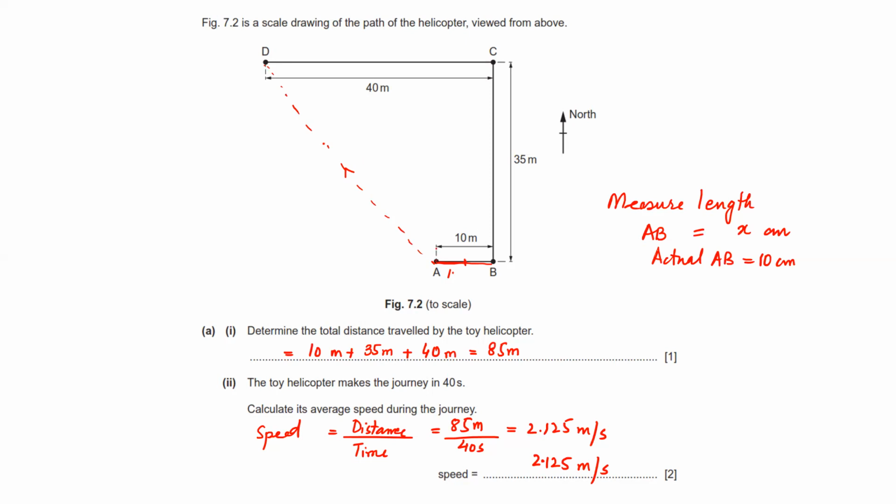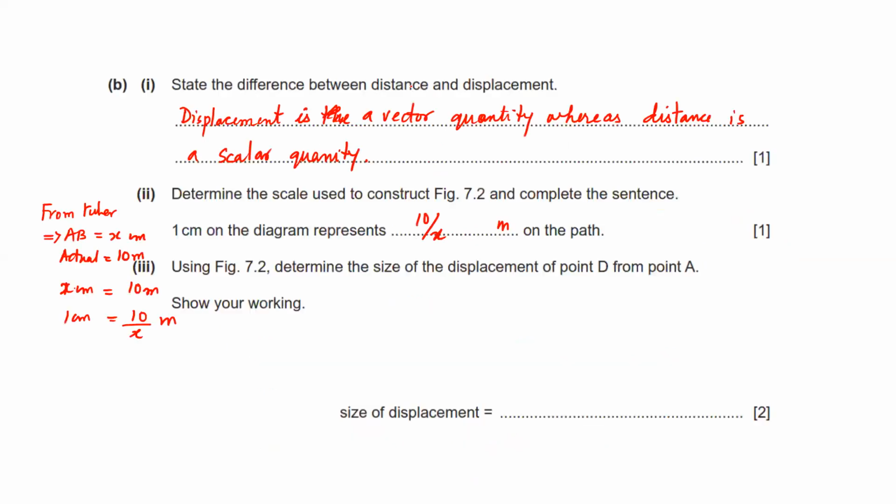Another way is, this is 35, this is 30. You can always use AD, show your working. So it will be the square root of 30 squared plus 35 squared.